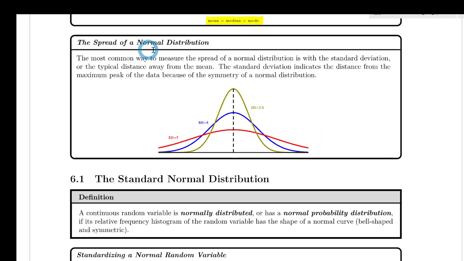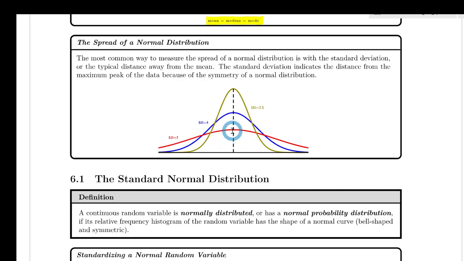So the spread of the normal distribution, as we can see, this is the one with no preventative measures, right? This green one. Notice the standard deviation here is 2.5. If I want to flatten the curve like the red curve, and even blue is more flat too, notice the standard deviations are larger than 2.5, right? And to get a really flat one, the standard deviation is 7.